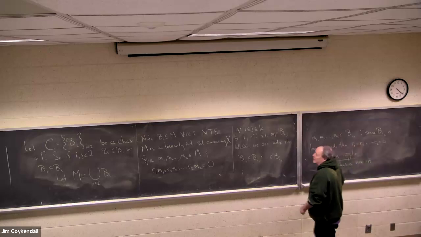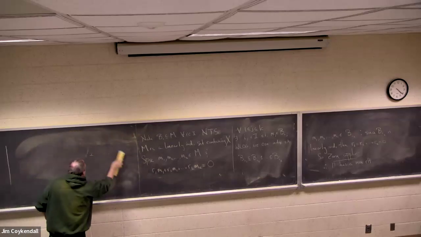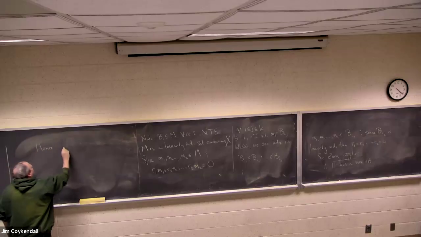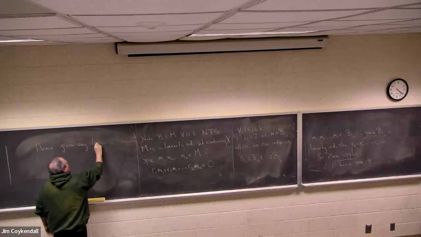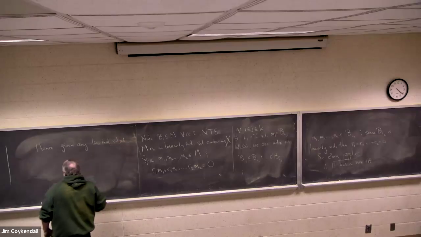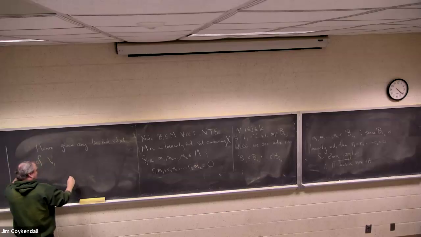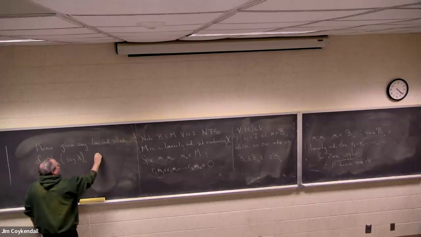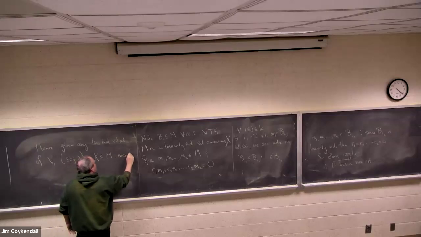So what we've shown is that, given any linearly independent subset X of B, X is contained in M, which is a maximal linearly independent subset.